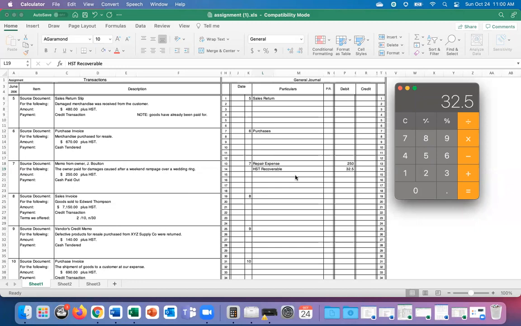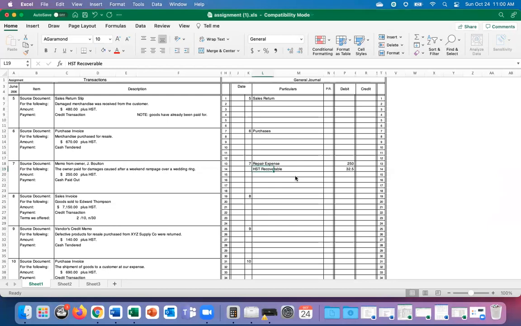All right, and then the last account affected here is going to be our cash account, because we paid for this out of the bank. And that one is just these two amounts added up. So it is 282.50, and it is going to be a credit. It's a credit because cash is an asset account.